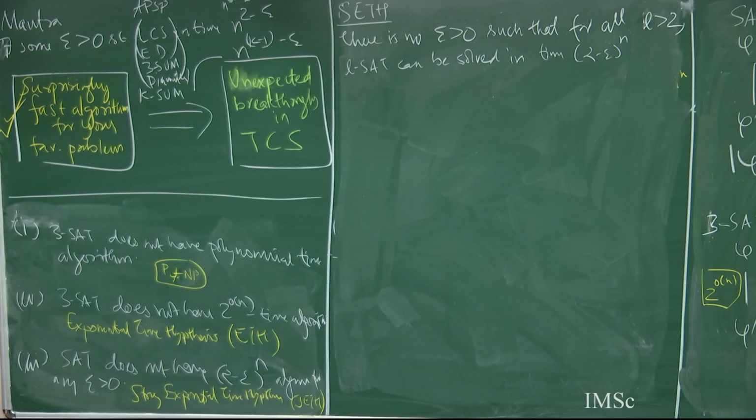So I cannot find a universal epsilon such that 3 SAT, 4 SAT, 5 SAT, 6 SAT, 7 SAT, any SAT can be solved in this time. Clearly that assumption implies this one, because if you had such an algorithm, then since any SAT instance is some k SAT instance, I will apply that algorithm with the universal epsilon.